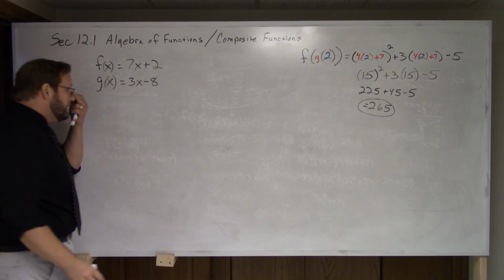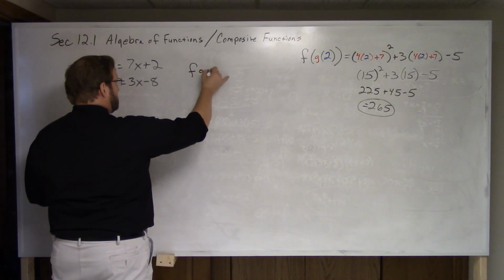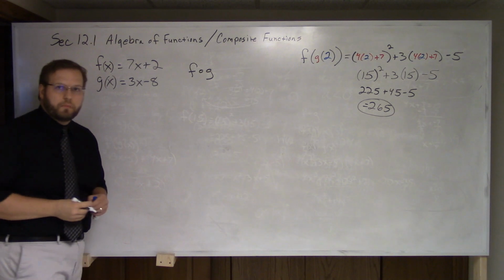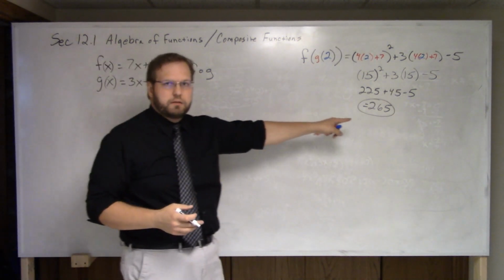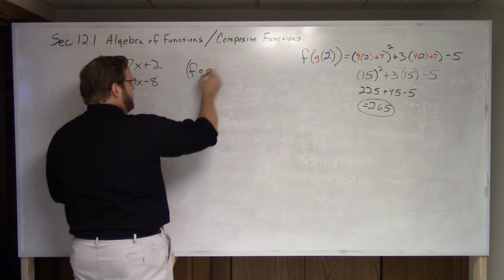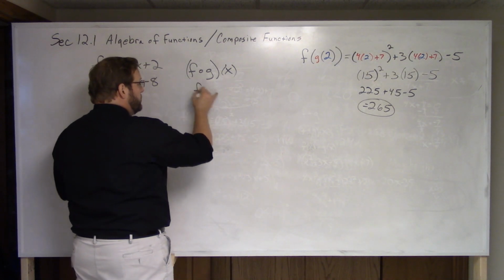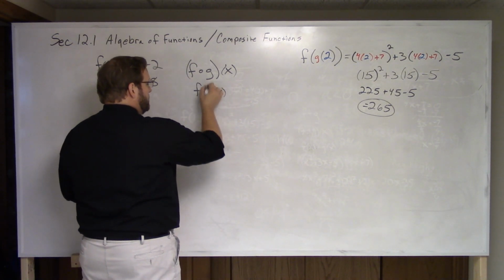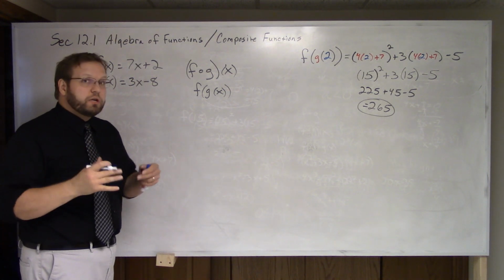Let's say I ask you for this. Notice there's no numerical input, so I'm not going to get a numerical answer. I want to keep it all algebraic. So again, I could think of this with an input of x, or if it helps, I could rewrite this like so.